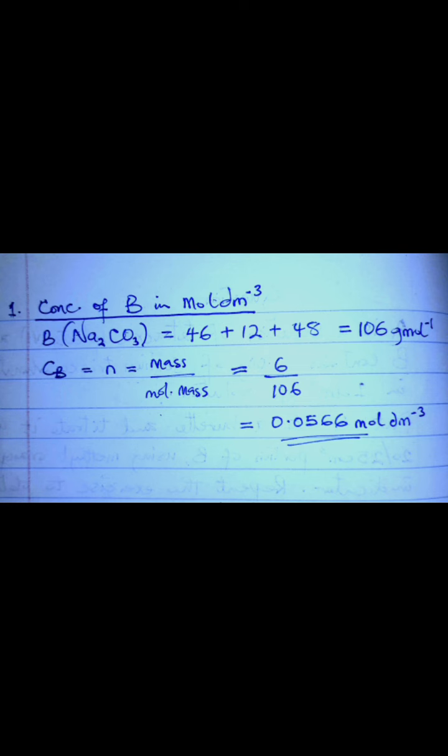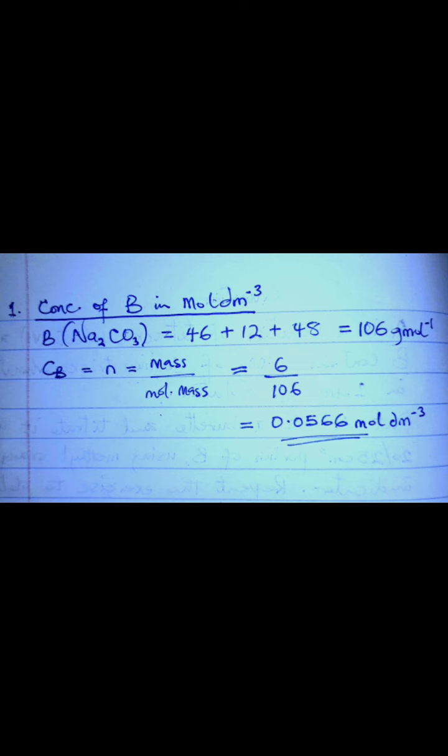So that is 6 all over 106, which is 0.0566 mole dm cube. And that is our concentration of Na2CO3 in mole dm cube, 0.0566. Now remember that the question said that B contains 6 grams of sodium carbonate in 1 dm cube of solution. So that's a standard solution already.